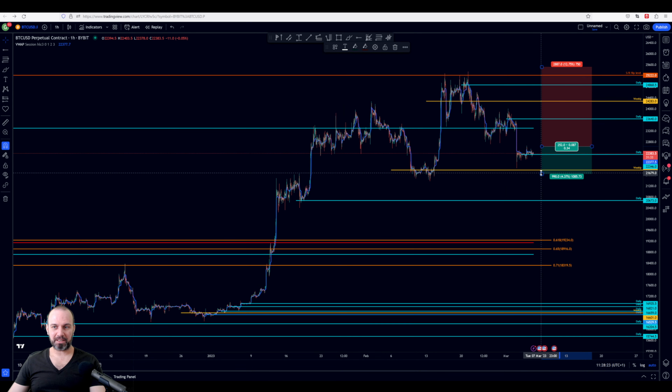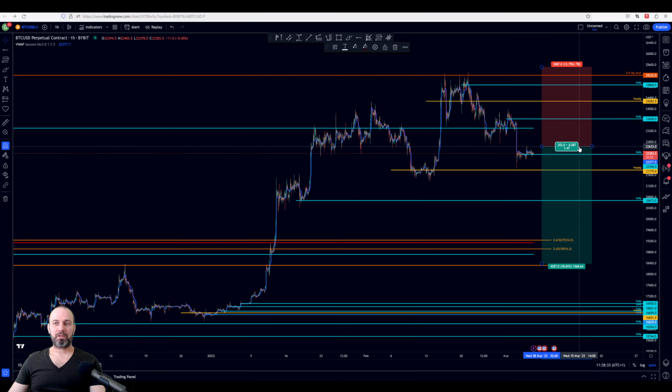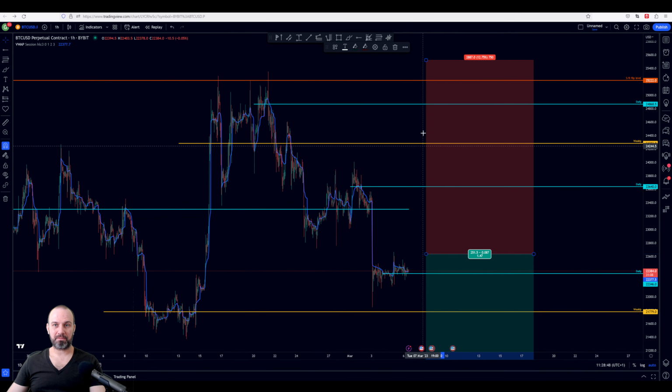This could be a target, but let's say the price action becomes really bearish and we're going here, or let's say we're going here, right? Look at the R:R. The risk to reward ratio for this trade is not the best one. Why? Because I have a very, very wide stop loss. So that's why for me, a swing short here doesn't make a lot of sense.